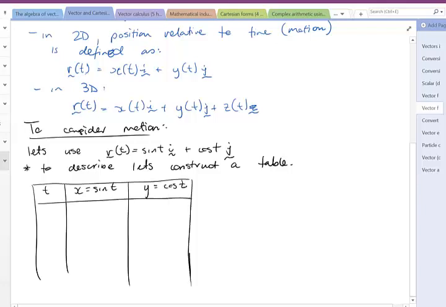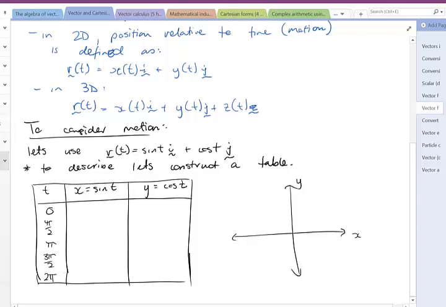Working in radians, and knowing sine and cos are cyclic and start to repeat after 2 pi, we'll do fractions of 2 pi. Let's start with the initial position, which is 0, then pi on 2, pi, 3 pi on 2, and then 2 pi. That will represent one full cycle.